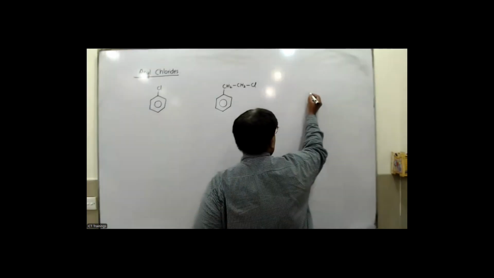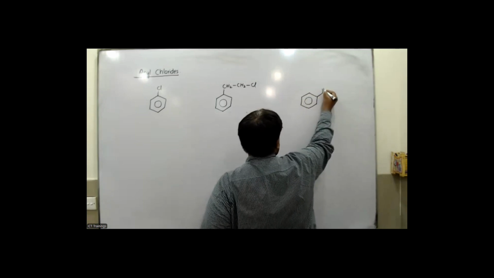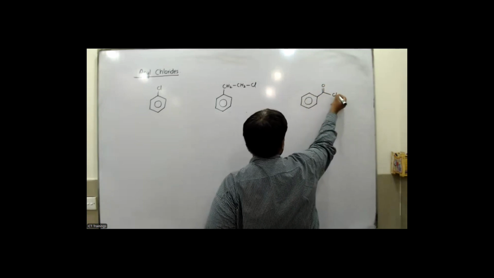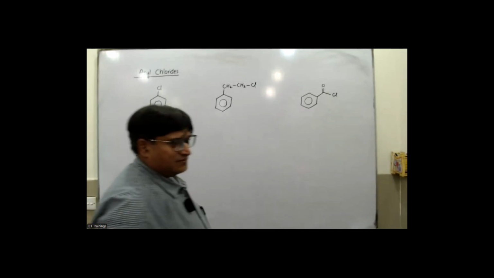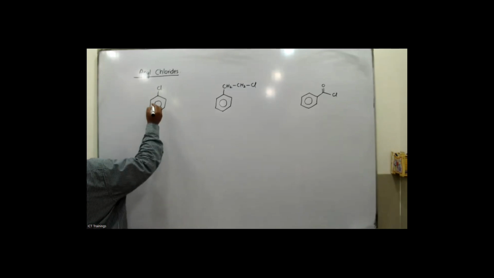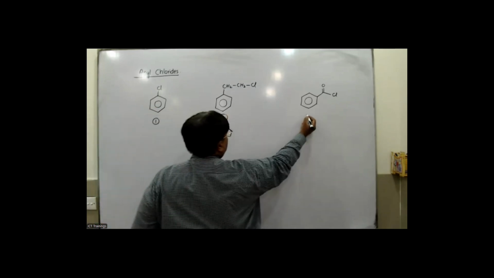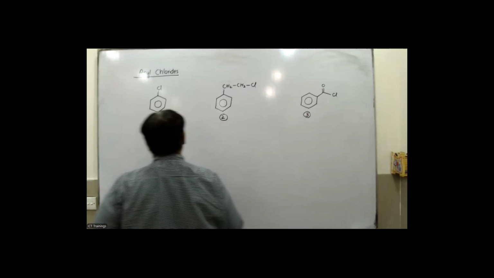And in the third compound, we have benzene attached by C double bond O and Cl. So these are the three compounds: this is compound 1, this is compound 2, and this is compound 3.